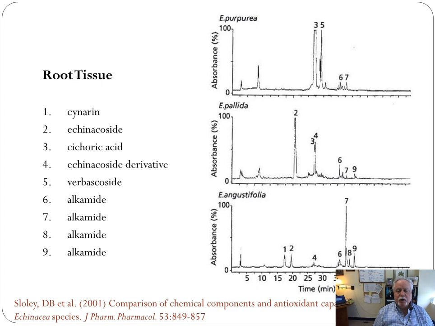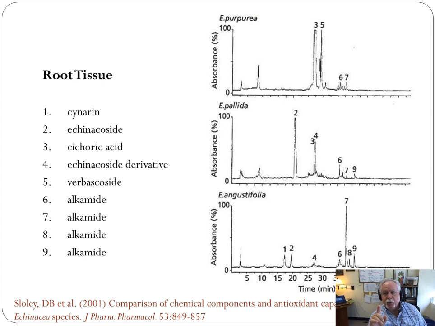What you see on the right are HPLC chromatograms, which measure the presence of those individual compounds. So you can just take a quick look and see that the distribution, even if all compounds were present, is very different. We see in the first one more of 3 and 5, in the second one more of 2 and 4, and finally in the last one, particularly more of 7, 8.